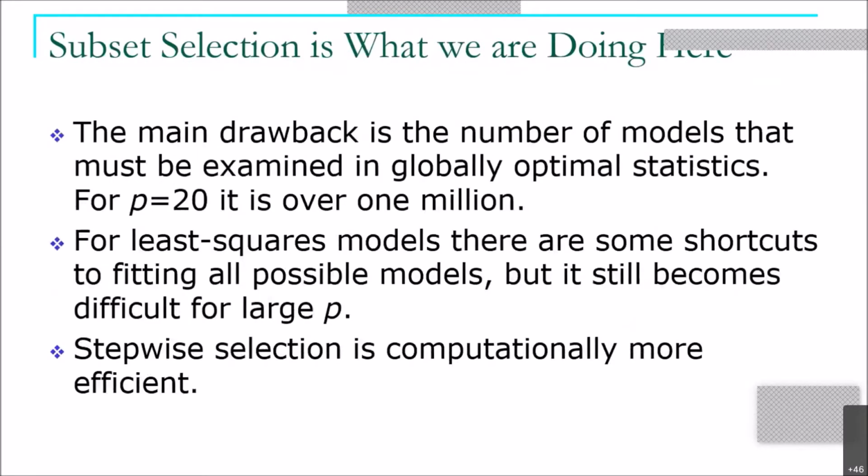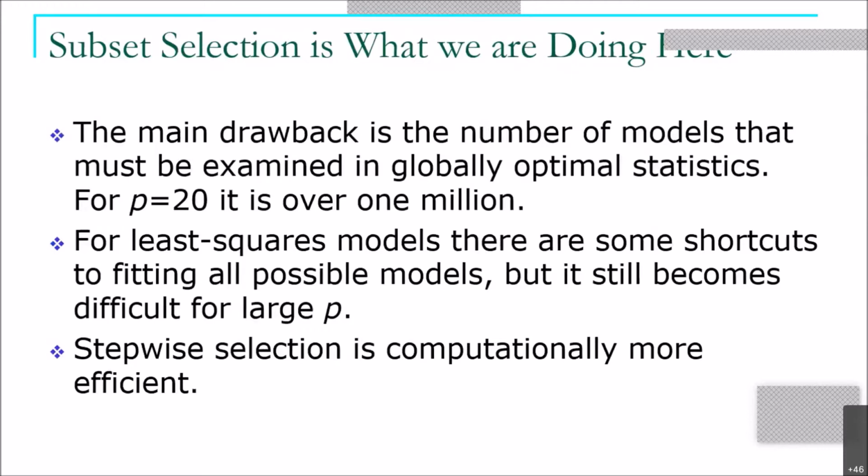So subset selection is our main focus. If you were to just consider characterization of the genome at 20 sites, so p is equal to 20, and you attempted to derive the optimal statistics for characterizing populations, where you're looking at 20 genomic features, you'd have to iteratively examine 1 million alternative formulations, or 1 million alternative models.